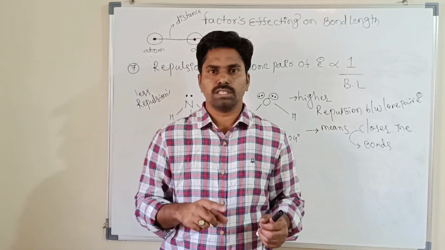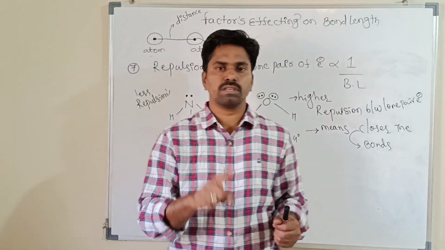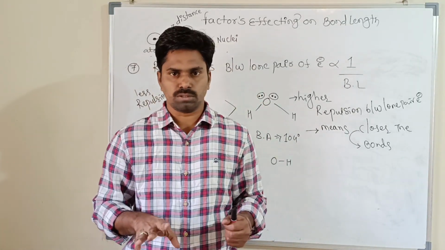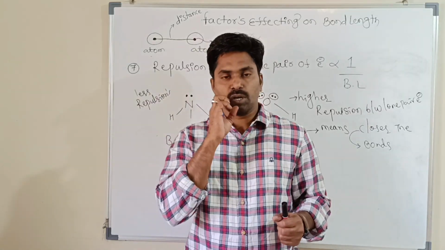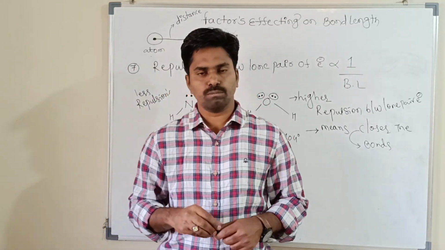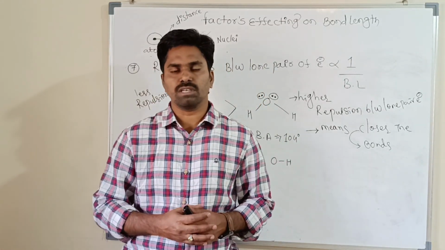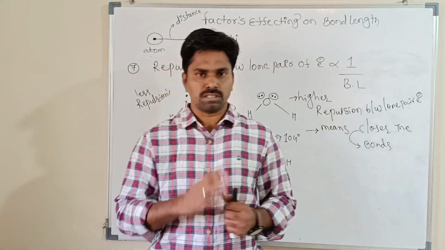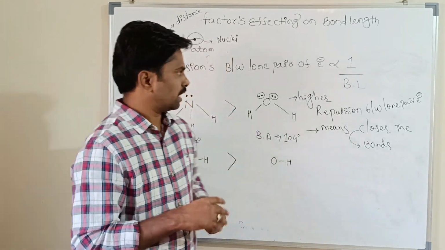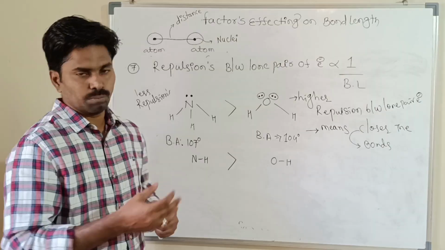The next factor is the oxidation number. Oxidation number and bond length are inversely proportional. Right. So we first have to calculate the oxidation number of the central atom. If the oxidation number is higher, the bond length decreases, so it is shorter. And then the repulsions between the lone pairs of electrons.